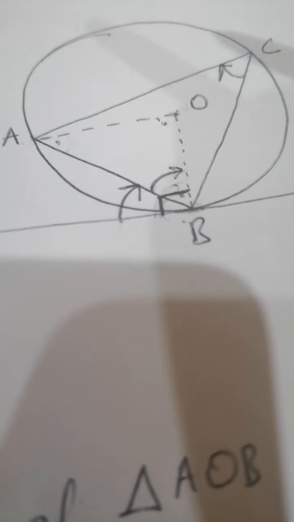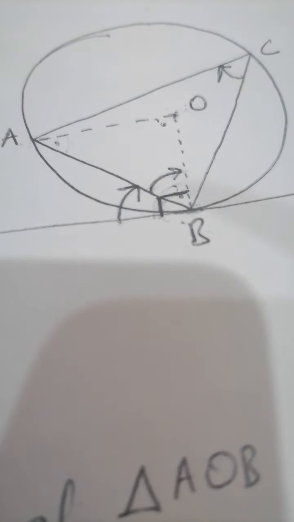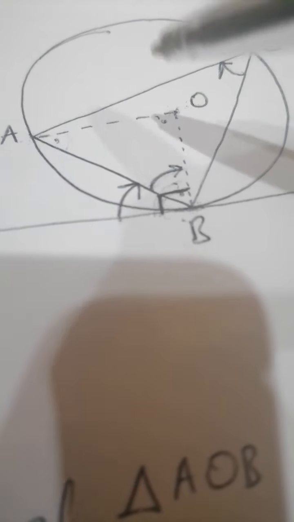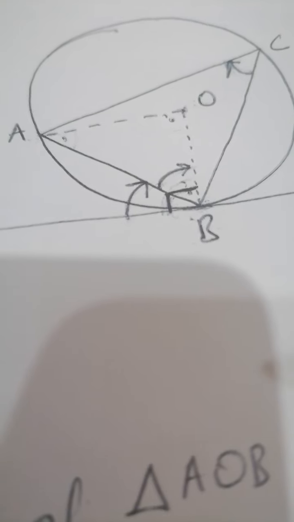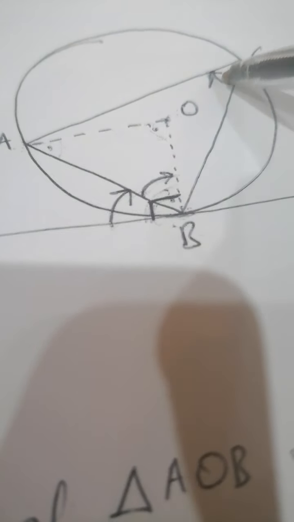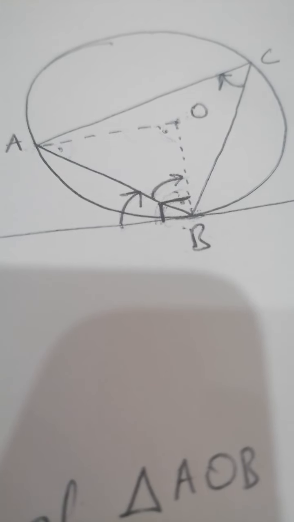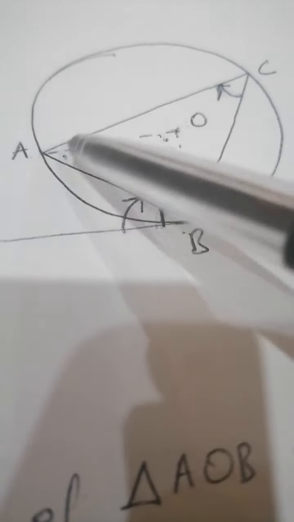It's because we're going to use the theorem that speaks about the angle subtended at the center in relation to the angle subtended at the circumference by the same chord or by the same arc, right? So ultimately we want to know angle AOB so that we can relate it with angle C.